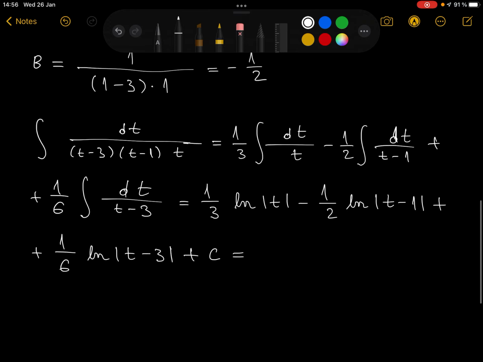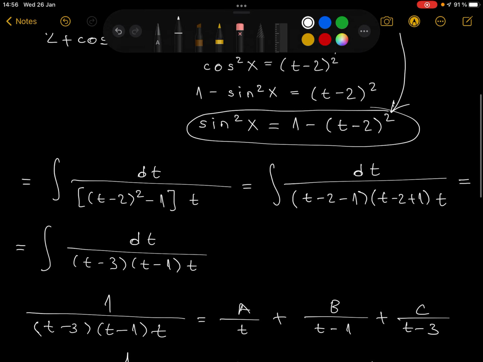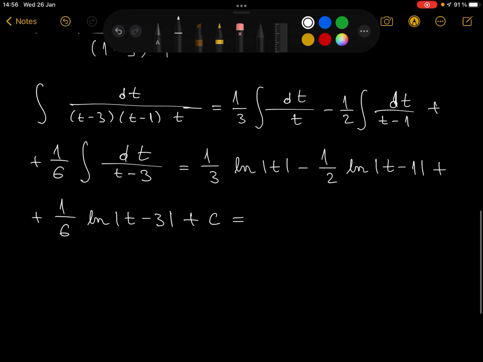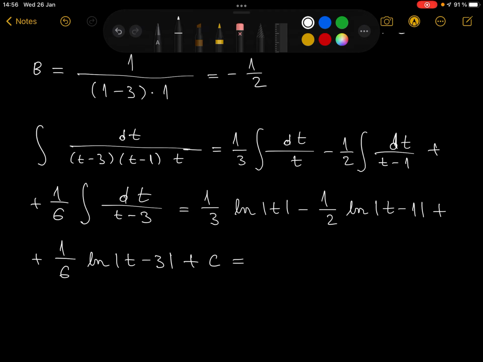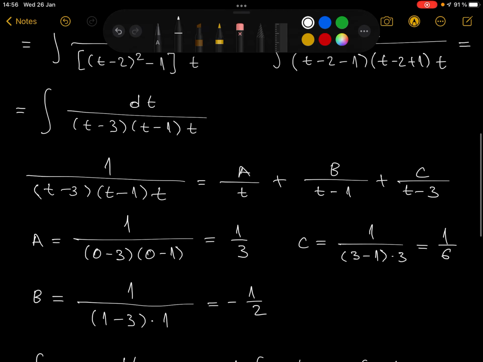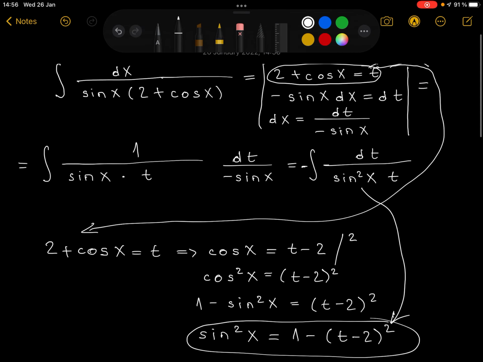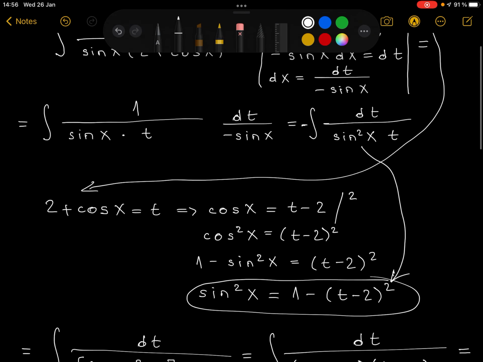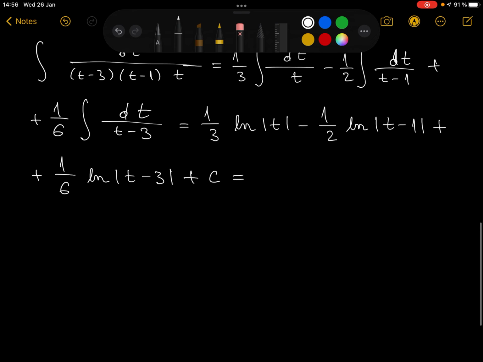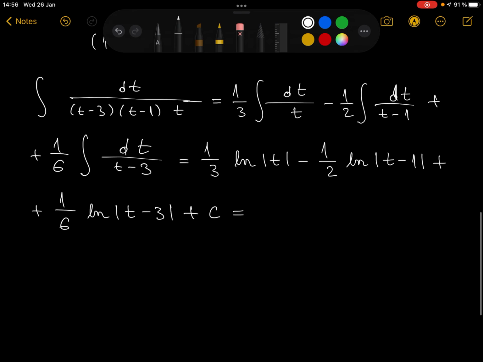So what we have here now is we've solved our integral, but we have to bring it back to the x world. And we said that t is equal to what? 2 plus cosine x. So 1/3 of ln of 2 plus cosine x.